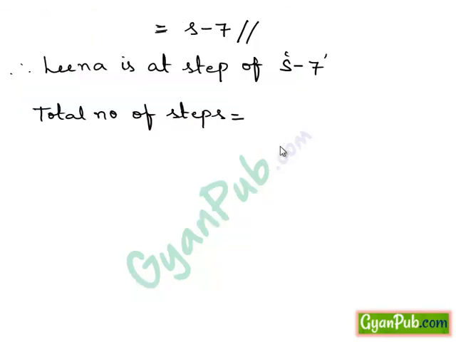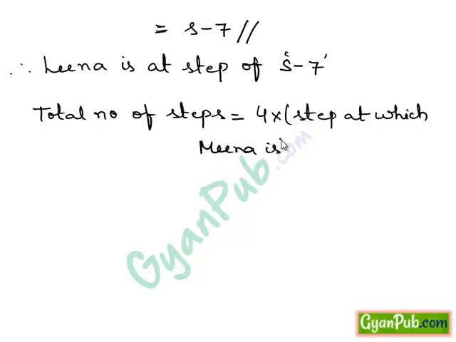So it is 4 into the step at which Meena is, minus 10, which is 4 into S minus 10. Therefore, the total number of steps to the hilltop is 4S minus 10.